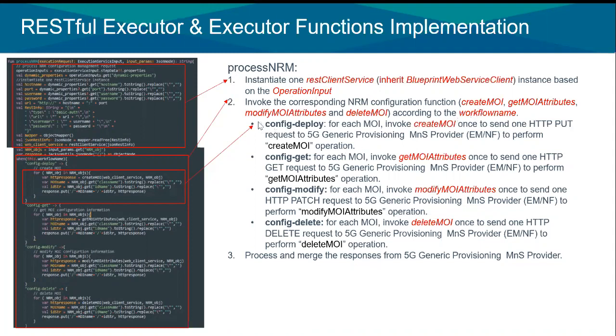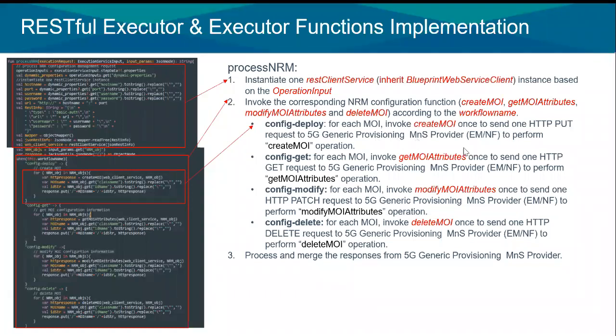And then it will invoke the corresponding NRM configuration according to the workflow name. For example, if it's a configure deploy workflow, for each NRM management object instance, it will invoke create MOI once to send one HTTP put request to the 5G MNS provider.